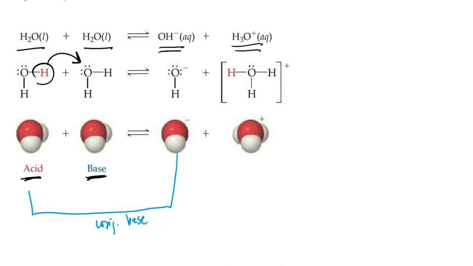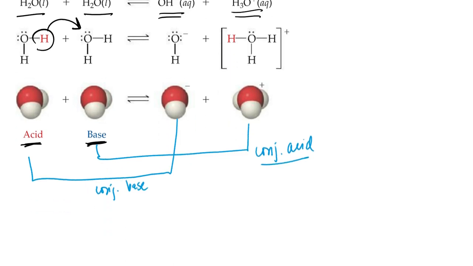of the water molecule that's behaving as an acid, and the hydronium ion would actually be the conjugate acid of the water molecule that's acting as a base. Now, this ability for water to act as both an acid and a base has a name.